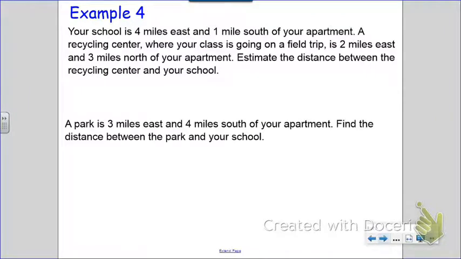Here's an example. Your school is 4 miles east and 1 mile south of your apartment. A recycling center where your class is going on a field trip is 2 miles east and 3 miles north. Estimate the distance between the recycling center and your school. So we're starting at a school that is 4 miles east and 1 mile south of your apartment.